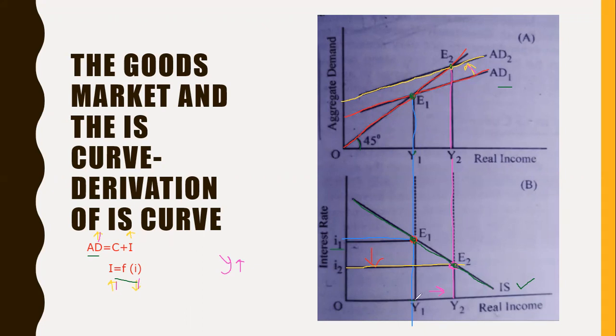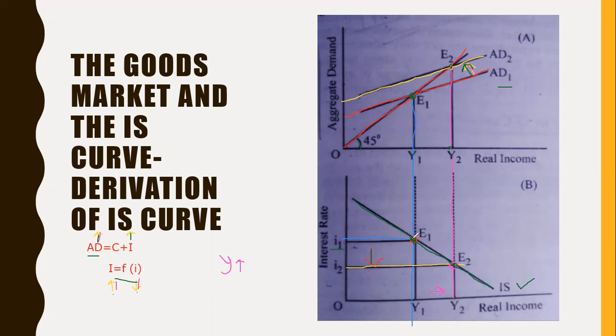Y1 is income. How will we proceed further? We assume that the interest rate will fall. A fall in interest will lead to a rise in investment. If investment increases, aggregate demand increases. Accordingly, the aggregate demand curve will shift up. This results in new income Y2. Y2 in the lower panel also we will mark.